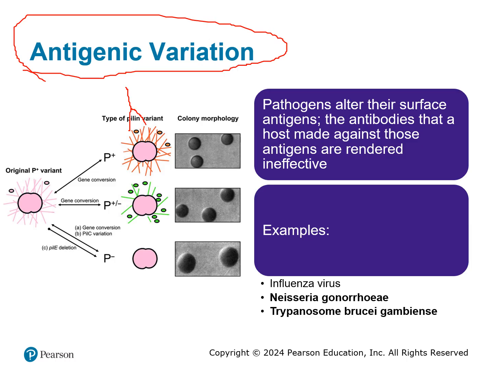IgG, IgA, IgM, IgE, IgD. All right, so your body may have created an antibody which would have blocked this pathogen. However, instead of having these red pili, now it has these green pili. So now this antibody can no longer recognize that antigen and it escapes detection by your immune system.